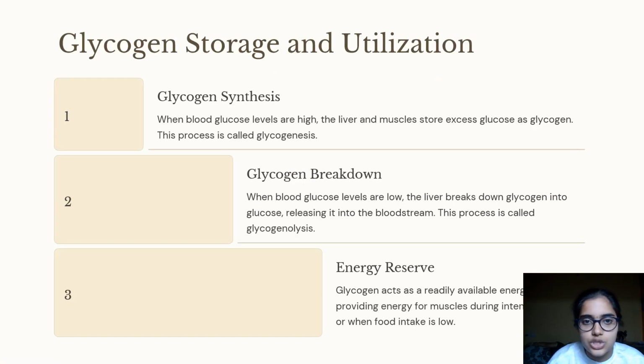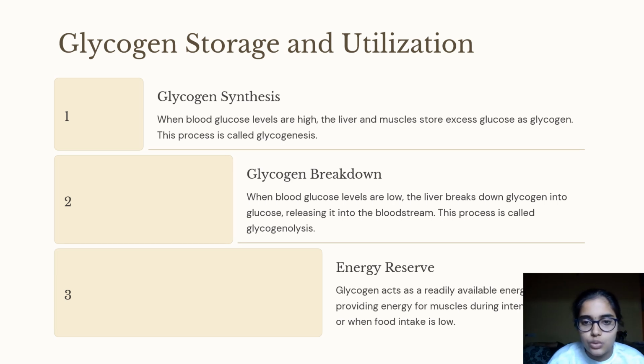Coming to glycogen storage and utilization, first one is glycogen synthesis. When blood glucose levels are high, the liver and muscles store excess glucose as glycogen. This process is called glycogenesis. The second is glycogen breakdown.